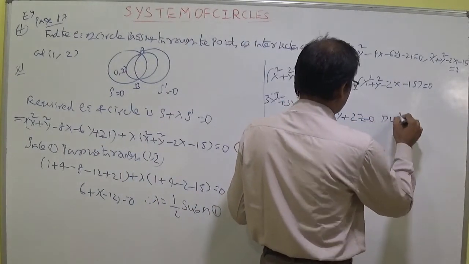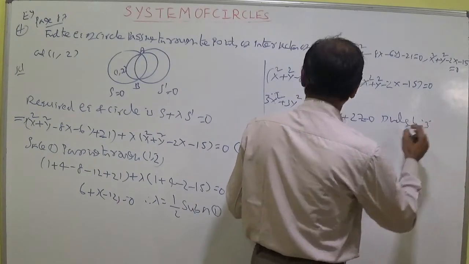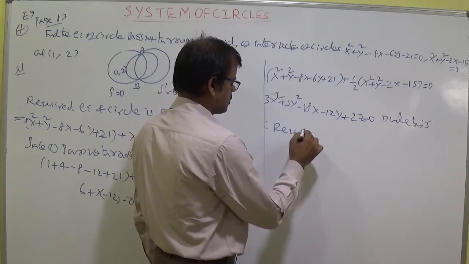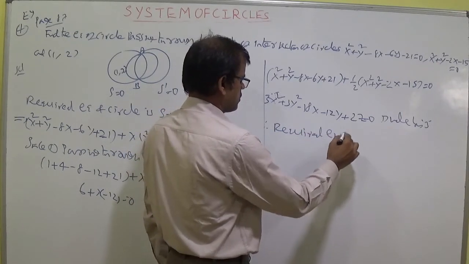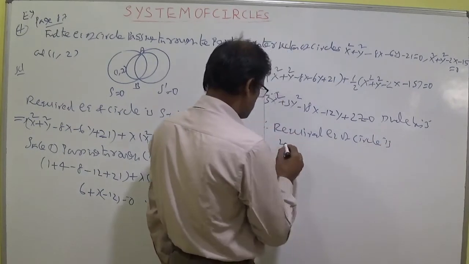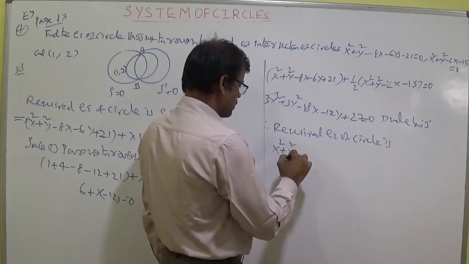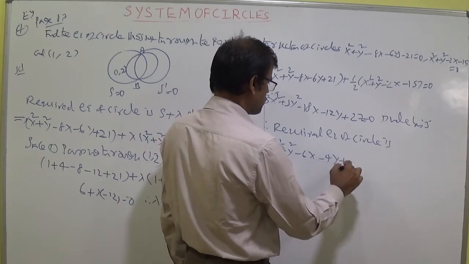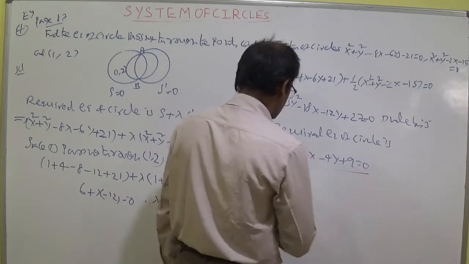So divide by 3. Therefore, the required equation of circle is x square plus y square minus 6x minus 4y plus 9 equal to 0.